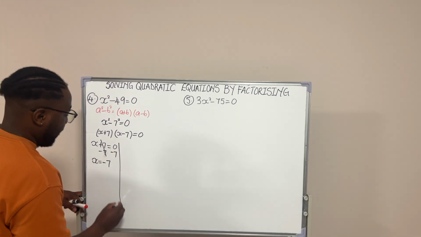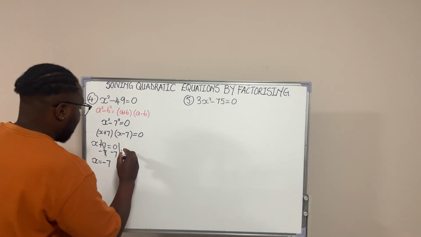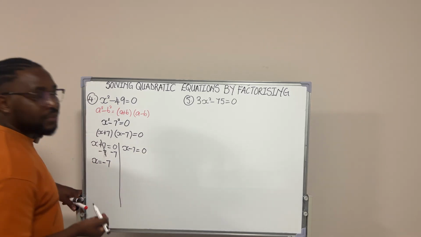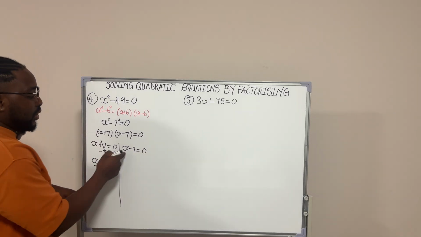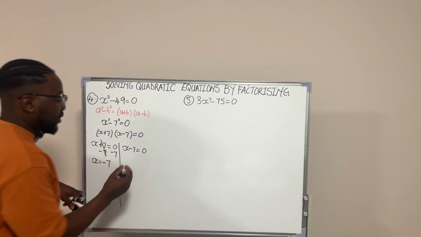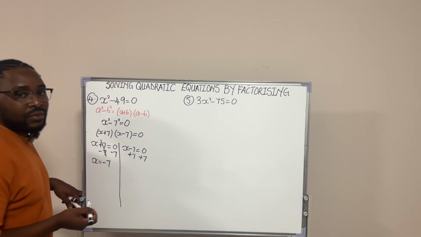Okay? So now, let us deal with our other factor over here. Let us also set that to 0. x minus 7 equal to 0. Let us find the value of x by isolating it. And how are we going to do that? We simply add 7 to both sides of our equation, right?